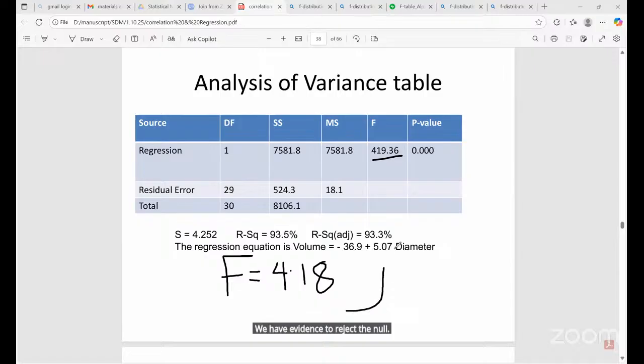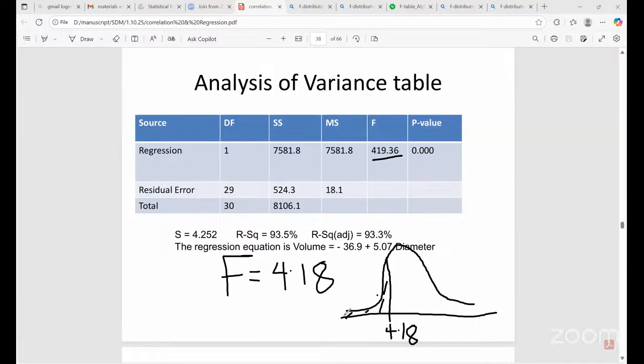Or we can even put it on a plot. The F distribution is not symmetric. So our critical value would be here, 4.18. And this is the rejection region. If you are to mark off 400, it's going to be in the rejection region. 419 is going to be in the rejection region. So you have evidence to reject the null.